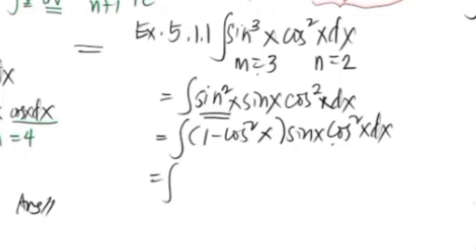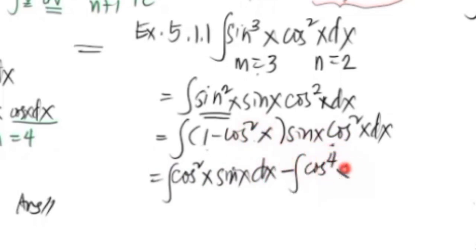So we multiply this sine x cosine squared x with 1, and that would be cosine squared x sine x dx, minus this sine x cosine squared x by cosine squared x. It's integral of cosine to the fourth of x sine x dx.